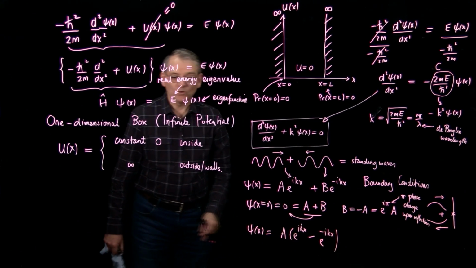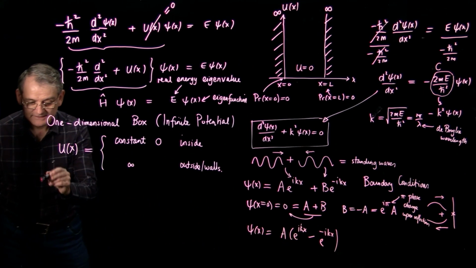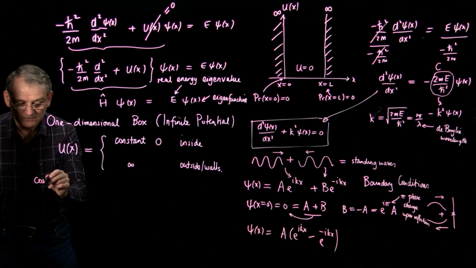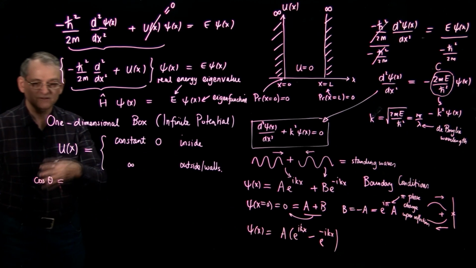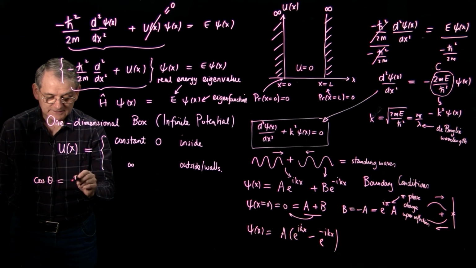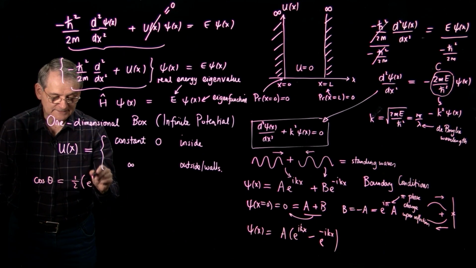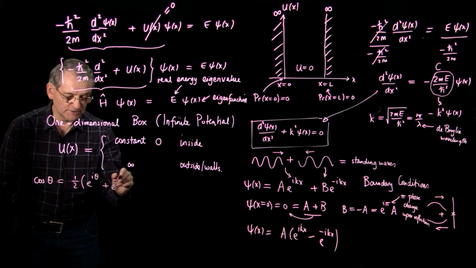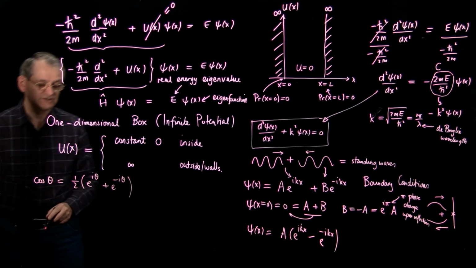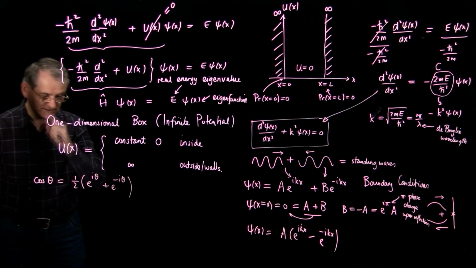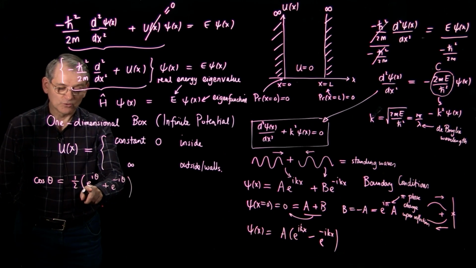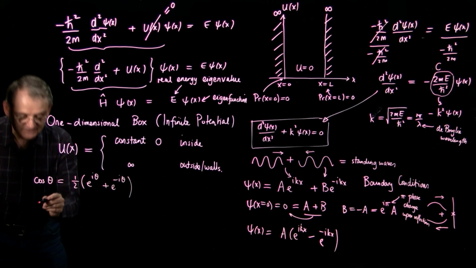Now, I hope you'll recall from elementary mathematics that the cosine of some angle theta, or some argument theta, or x, or whatever you like to call it, is a half e to the i theta plus e to the minus i theta. I actually showed this. If you want, you can go back, look at your notes on complex numbers, and use the Euler form for this and this, and show that when you add them together, divide by 2, you get this.